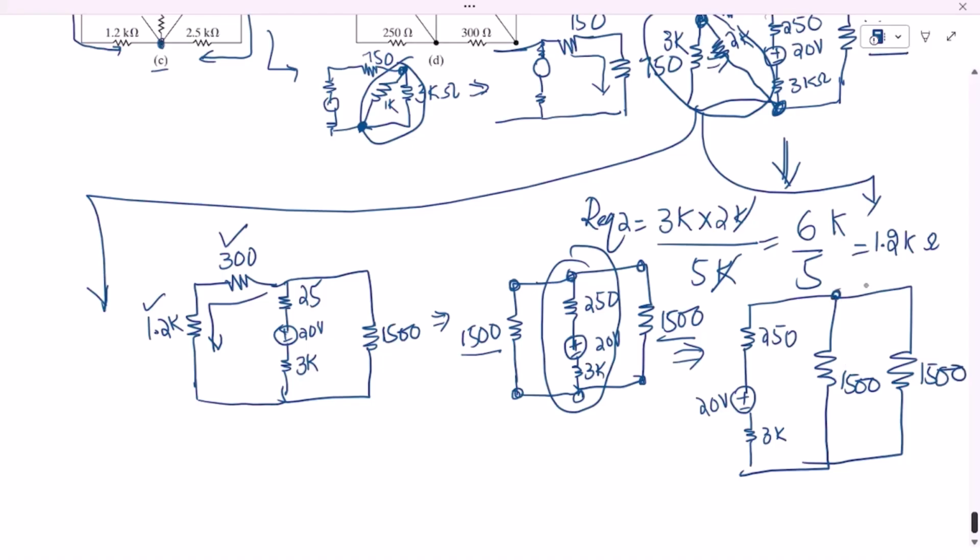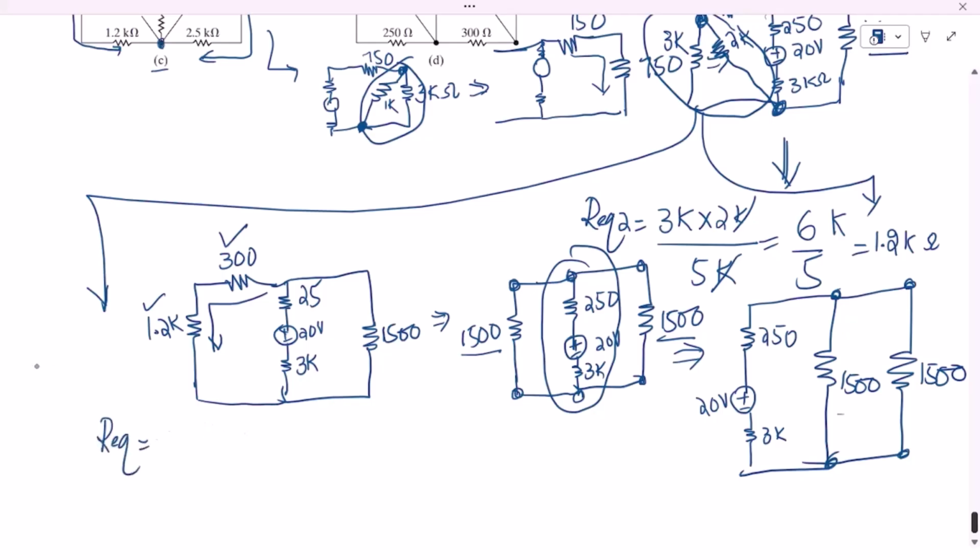Now the two same resistors are connected in parallel with each other, so the equivalent of them will be half of any one of them, so the equivalent will be 750. I have proved it in the previous videos as well, but let me try it here as well.